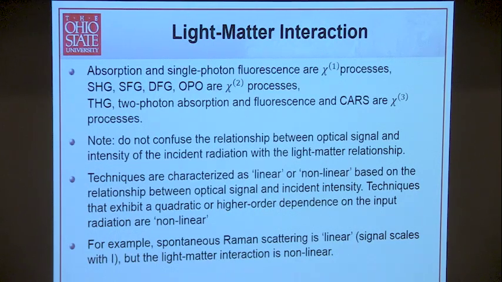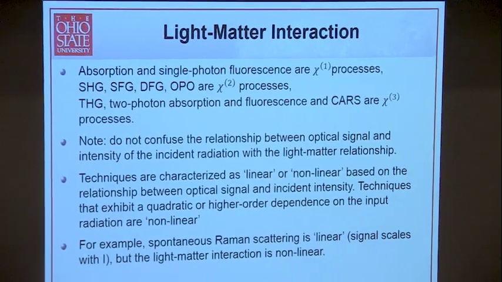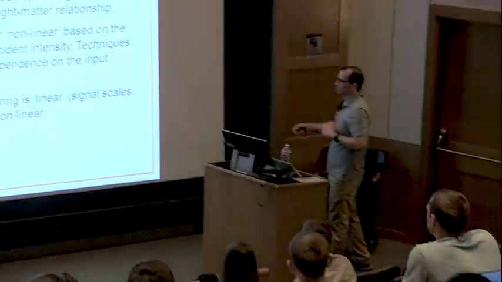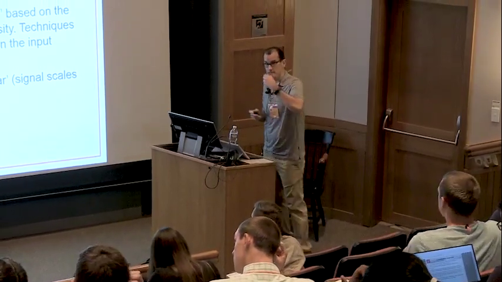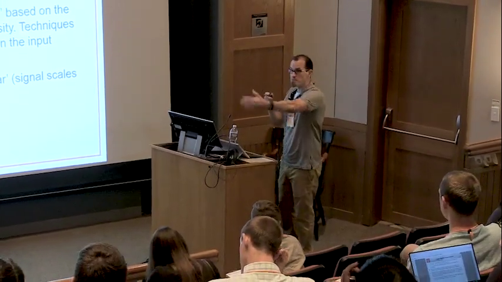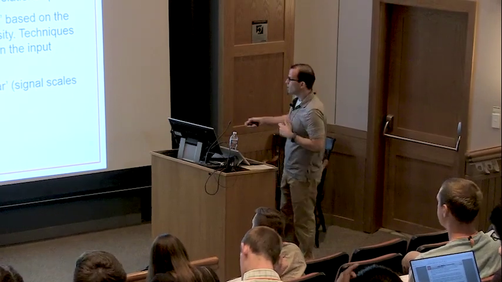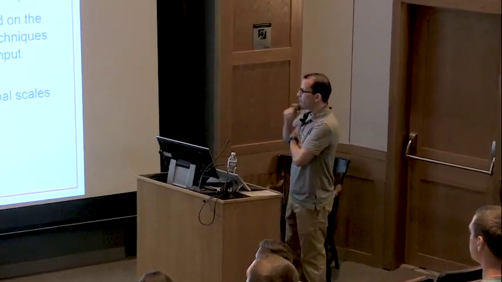The amount of susceptibility in the interaction doesn't make them linear or nonlinear. For example, spontaneous Raman scattering is linear. For whatever amount of photons you send in, the signal you get out is proportional. But the light-matter interaction is nonlinear. It uses these higher order processes.